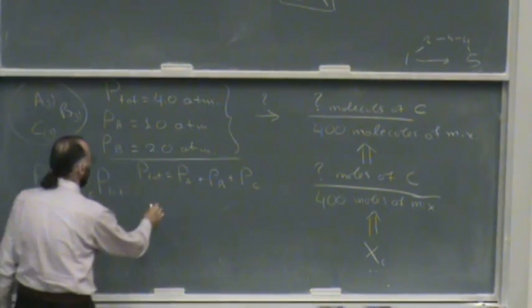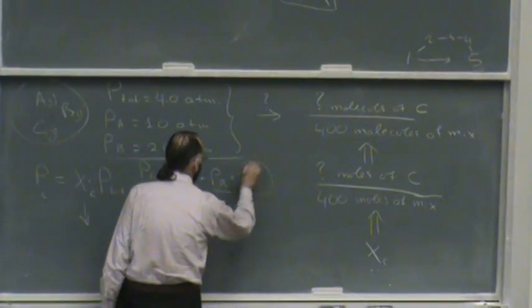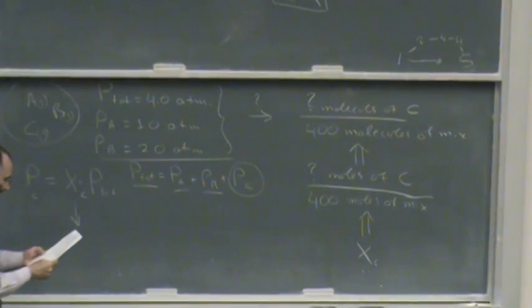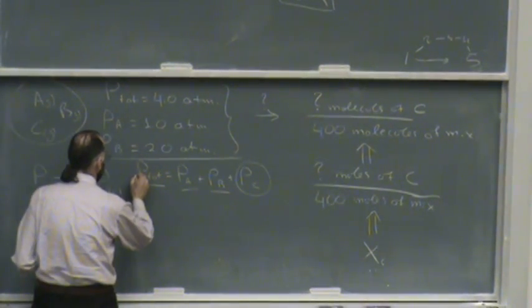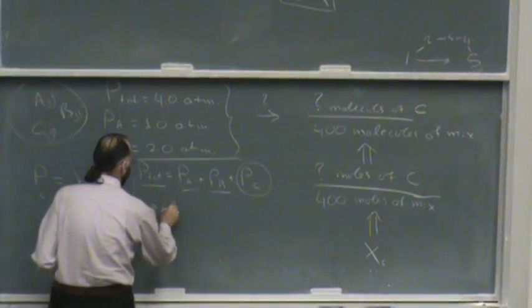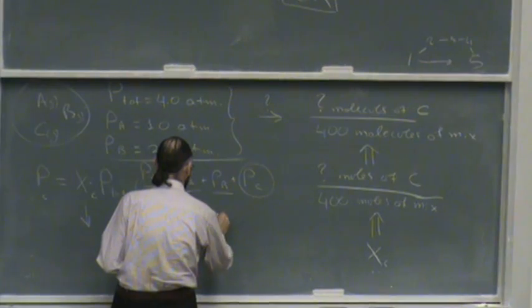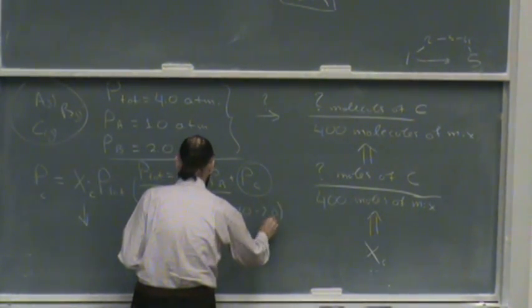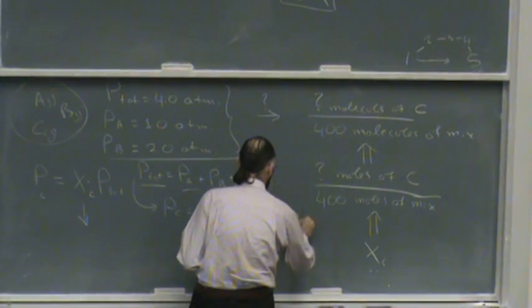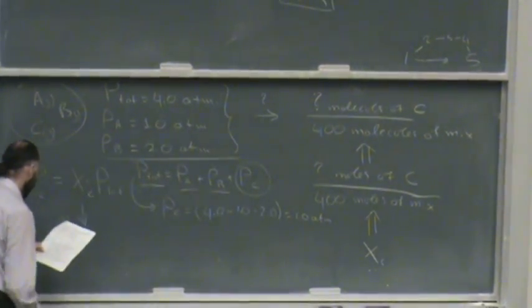So from this one, we know what? We know A, we know B, and so we find C, PC. Okay, so if you do that, then from here, we have PC is equal to 4.0 minus 1 minus 2. That will give us 1 atmosphere.